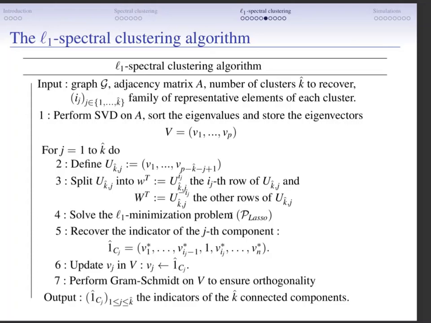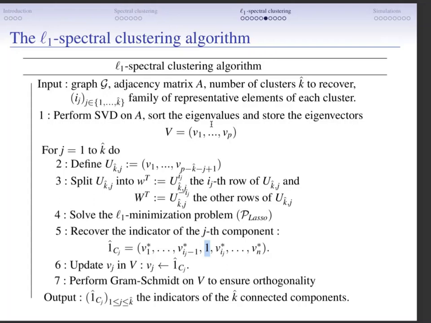When you solve it, you find the indicator of the first component. Of course, you have to add this representative element here. Then you update your matrix of eigenvectors.